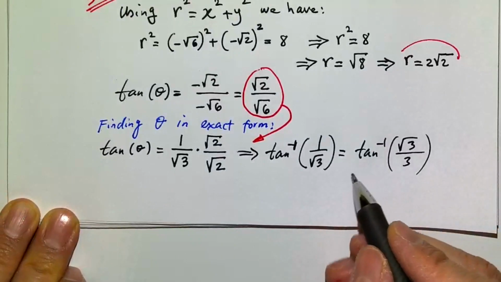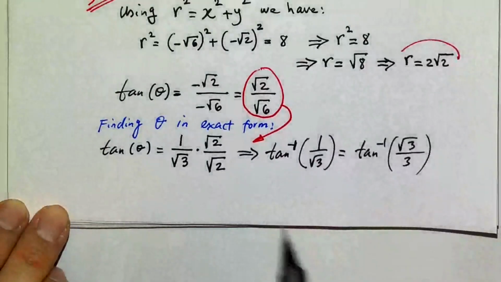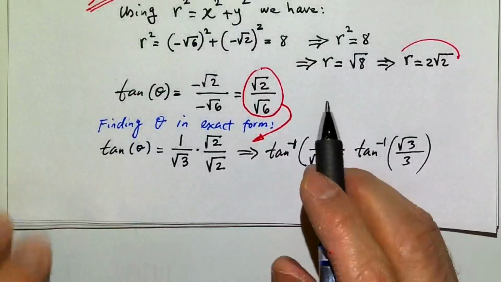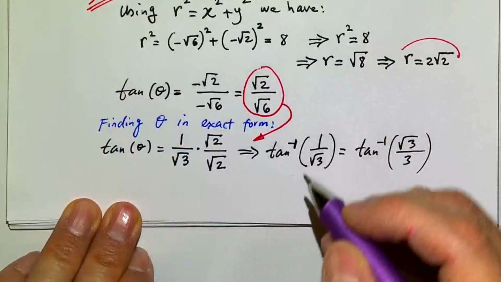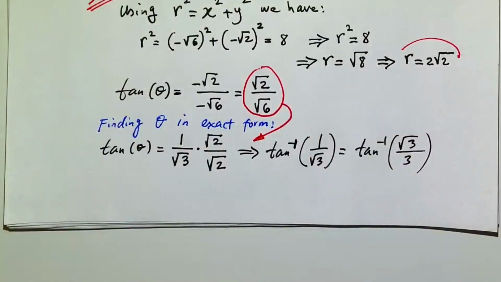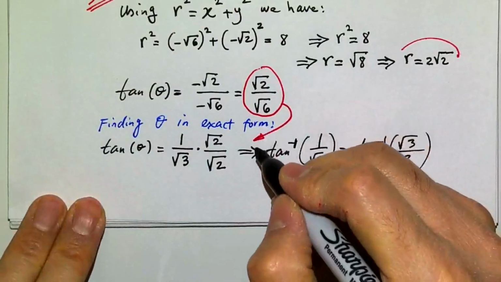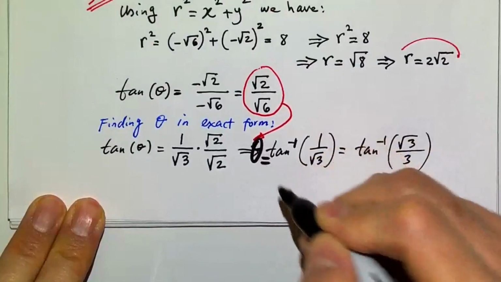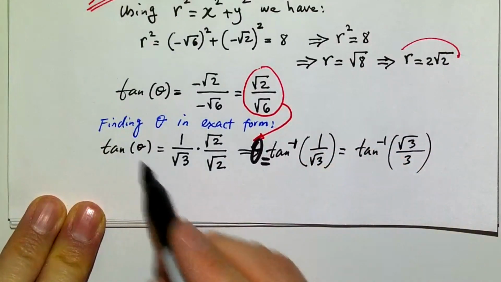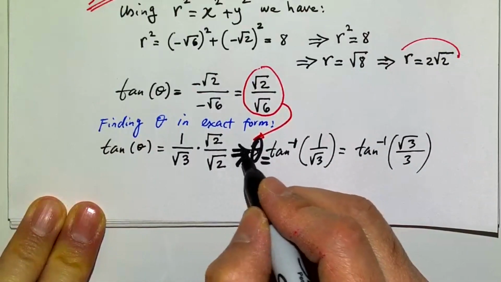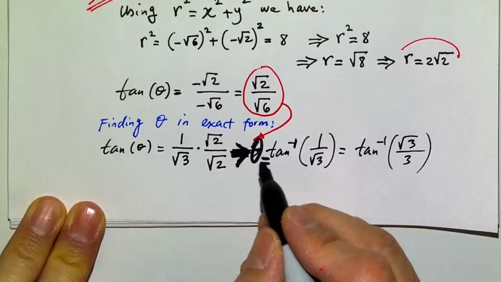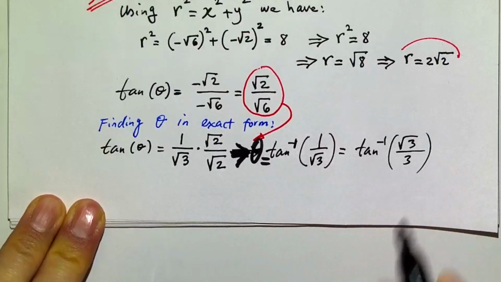Which means, I should, however, use my thicker marker here to put theta equals that, because I made the transition from tangent of theta to inverse tangent, so I should make it clear that this is theta that we have.